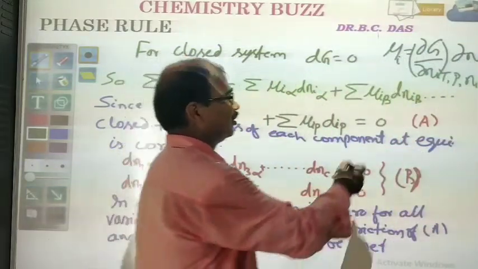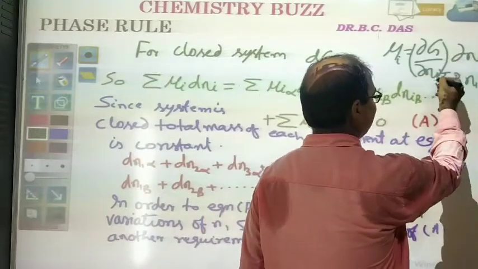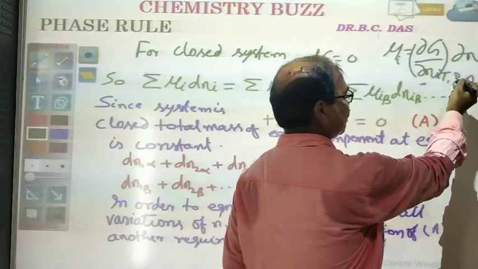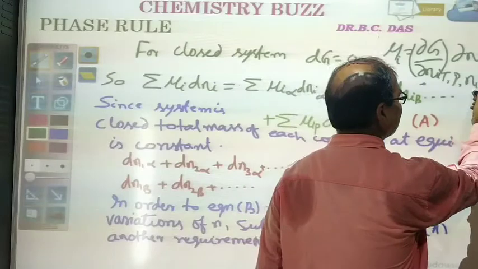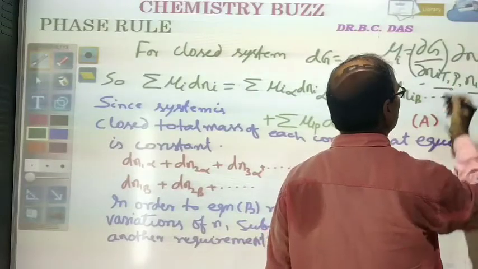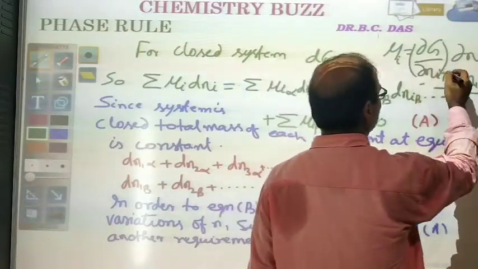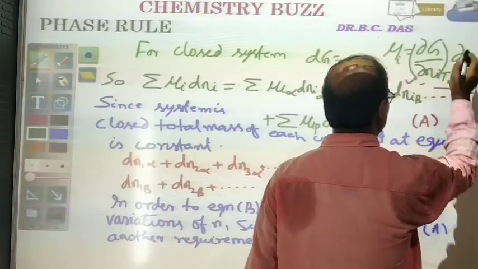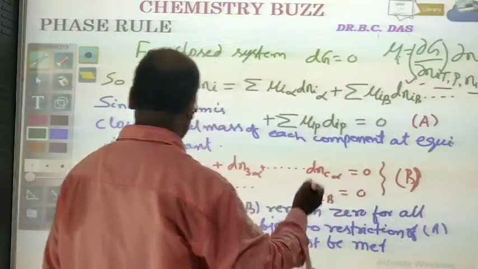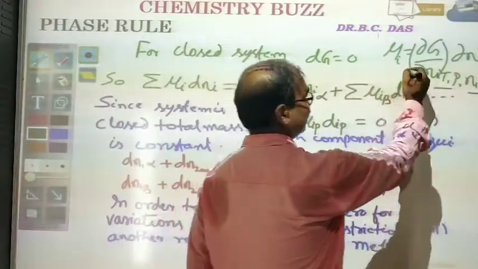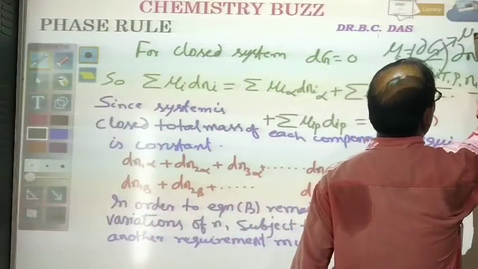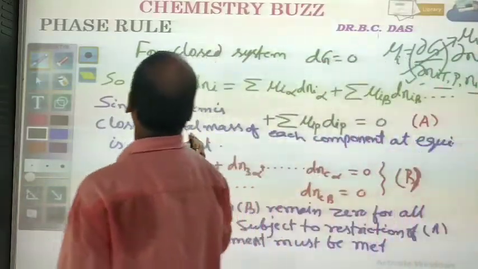So the change in free energy with respect to a particular component, when all other components and the temperature and pressure remain constant, is called the chemical potential. That chemical potential is designated as mu i, and it is used here.